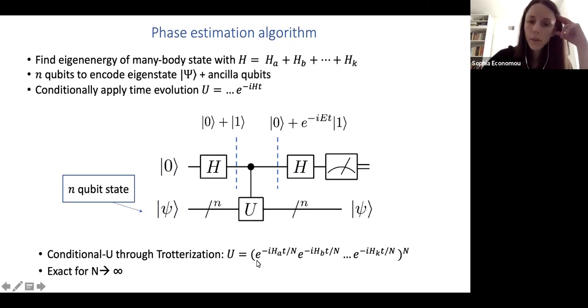And of course, the problem is that this is an approximate expression unless n goes to infinity. And there's a lot of work, including by members of our center, on how to make the trotterization part more accurate. But you can see here that at least at finite order, this is a problem. So you need very good quantum computers in order to be able to do a deep enough circuit to approximate this U well.